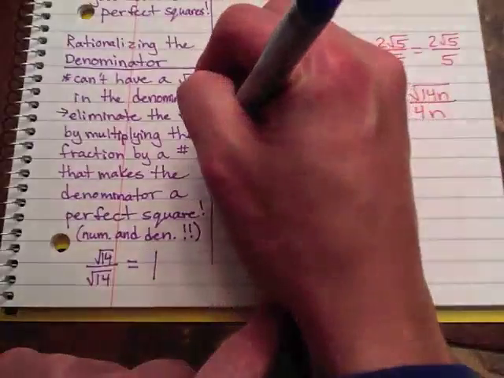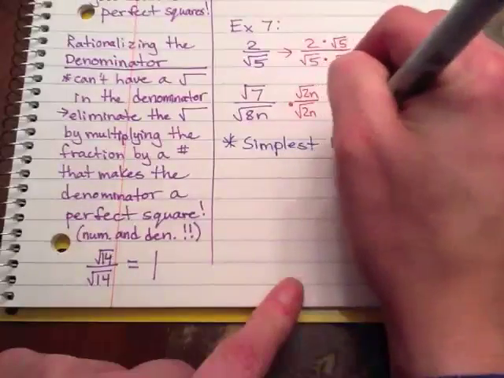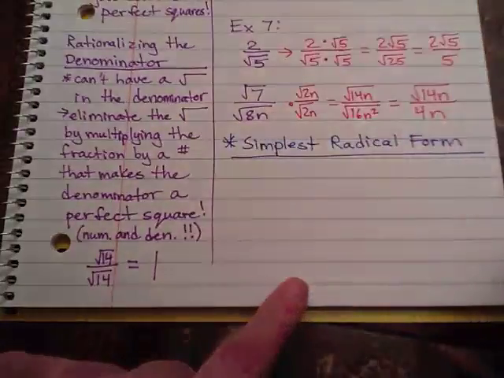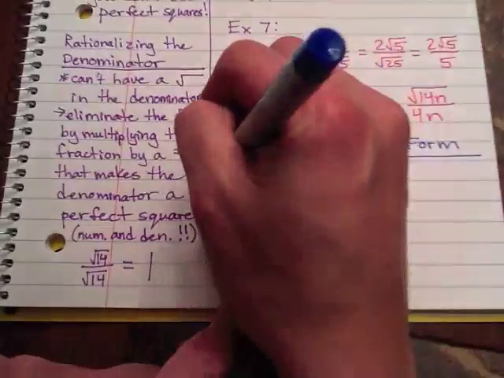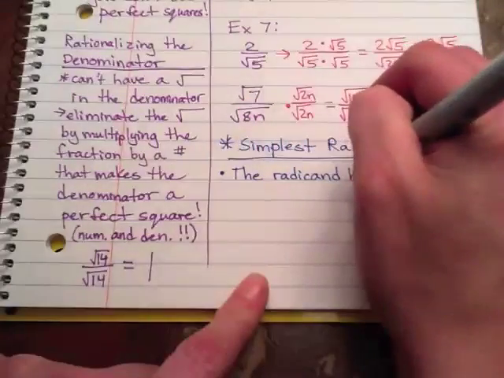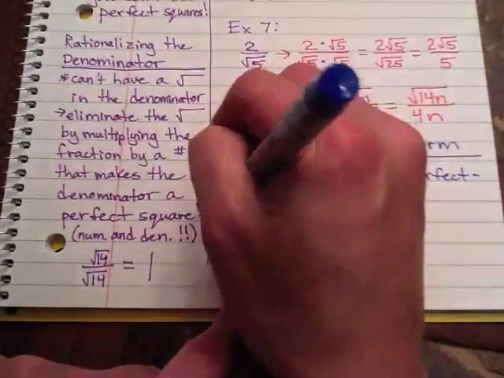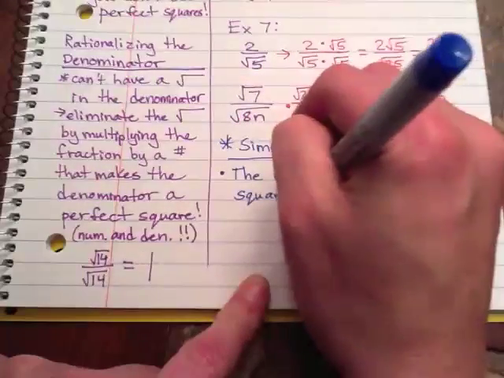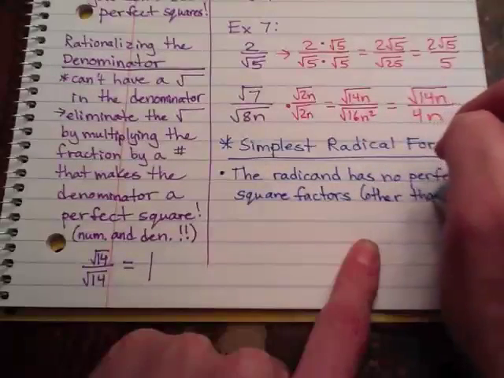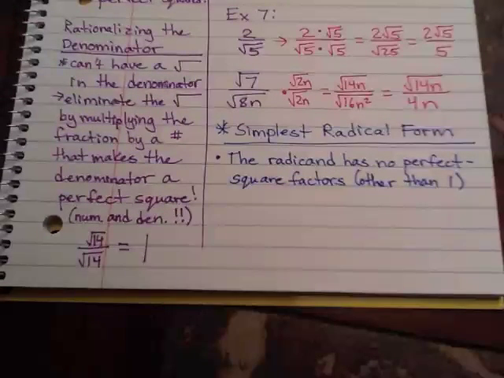So you know you're in simplest radical form when the radicand has no perfect square factors other than 1. Obviously, you could spend all day long pulling out the factor of 1, and nothing's going to change, so you don't want to keep doing that.